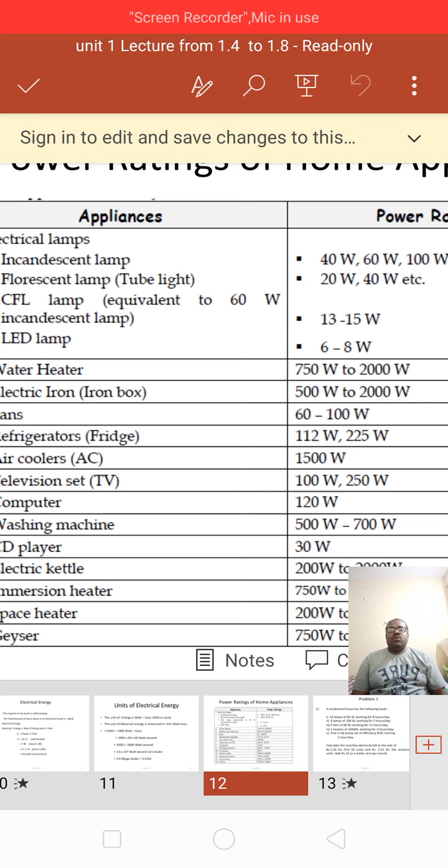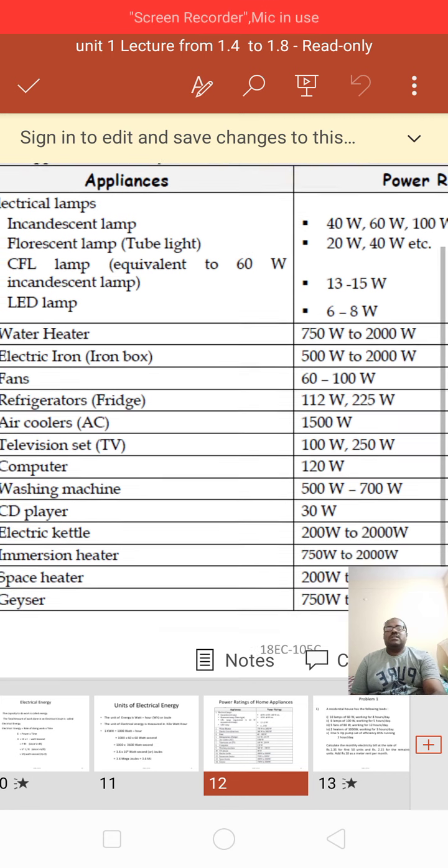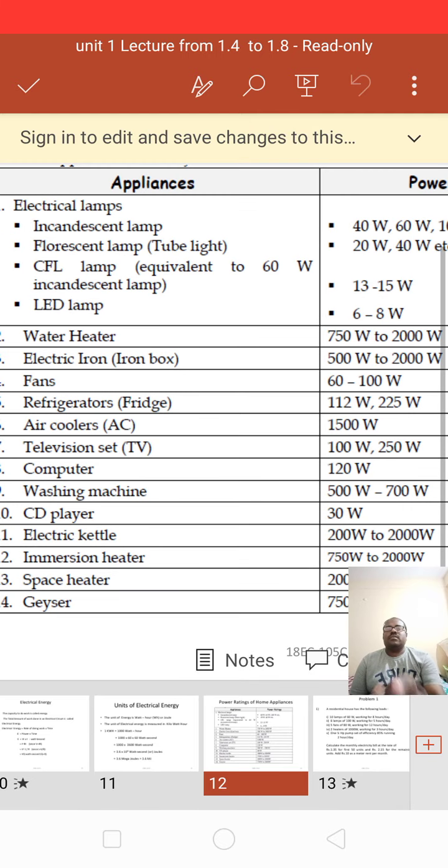Next one, air cooler AC takes 1500 watts or 1.5 kilowatts. Television set TV takes 1000 watts or 250 watts. Computer 120 watts. Washing machine 50 watts to 700 watts. CD player 200 watts to 2000 watts.